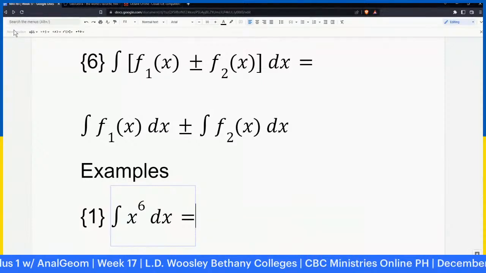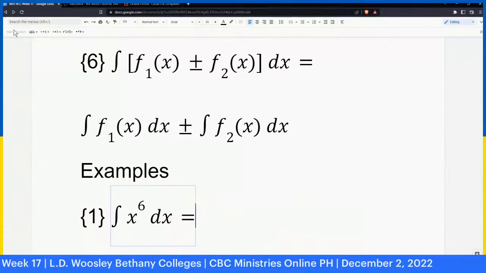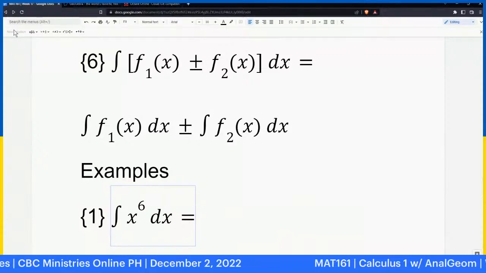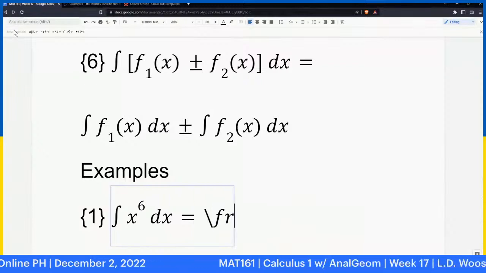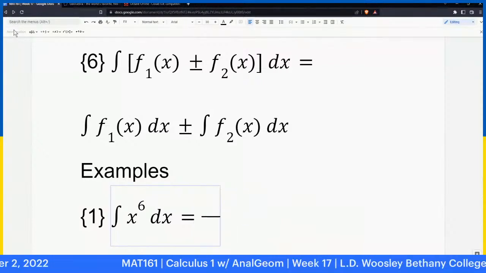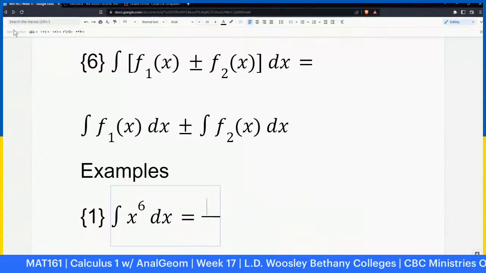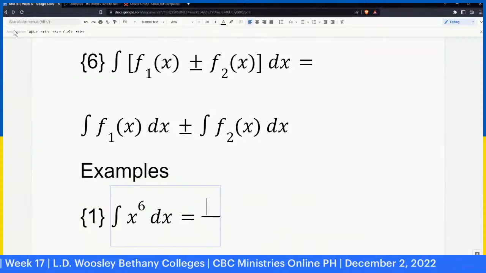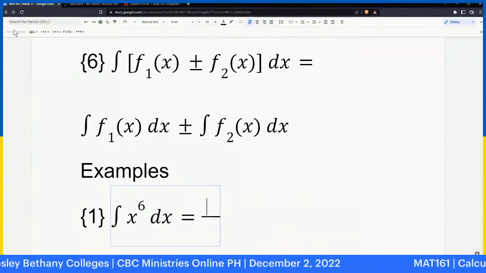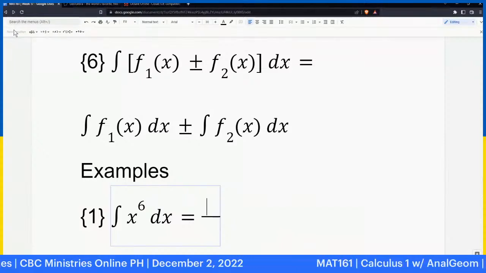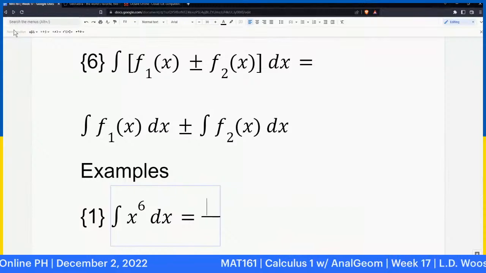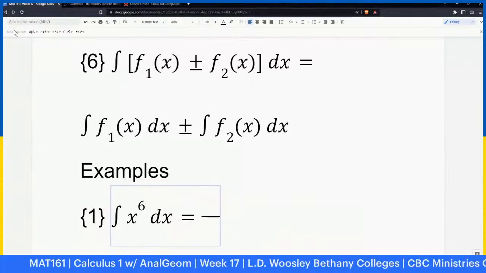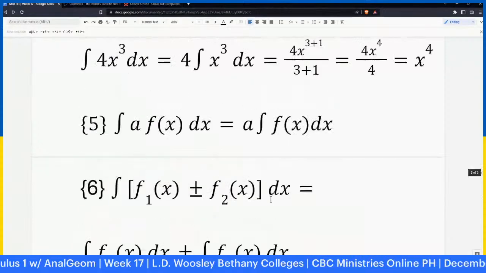Okay, by the formula, you have x raised to n plus 1. What's that? n is equal to 6, all over n plus 1.